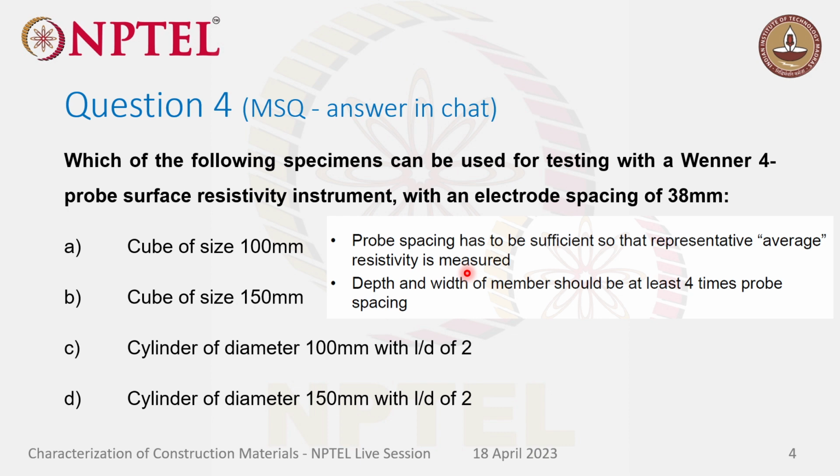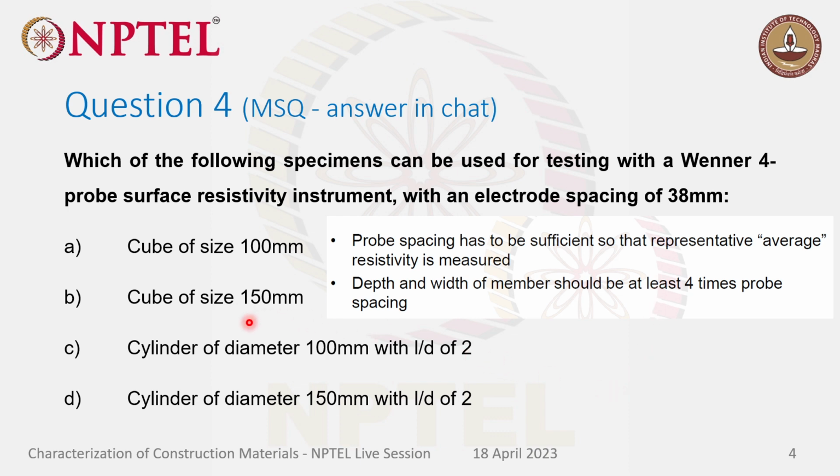That should not be very close. As per the specification, the length of the specimen should be at least 4 times. So if you multiply 38 by 4, what will be the number? Okay, wait, let's calculate. 38 multiplied by 4 will be 152.